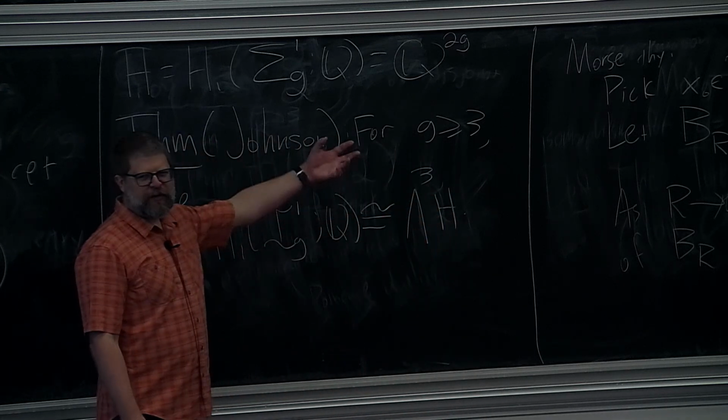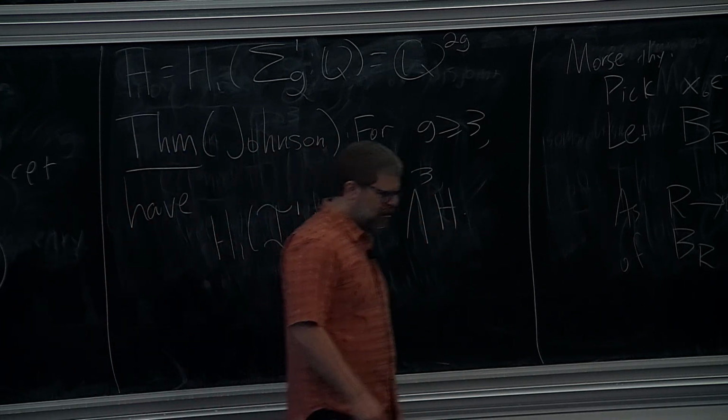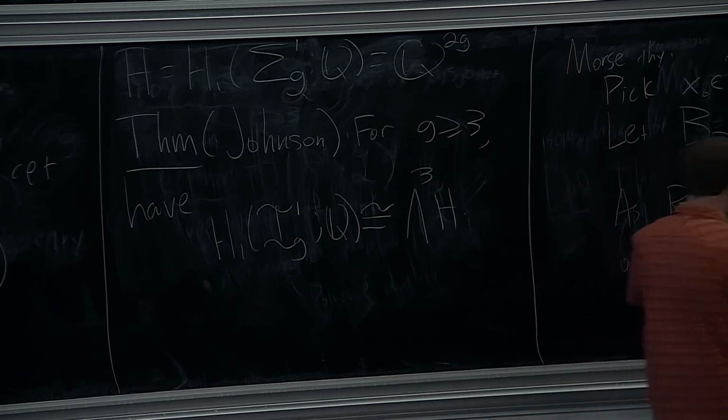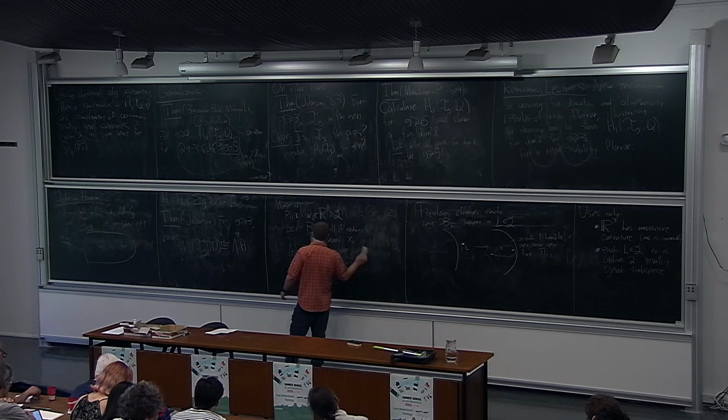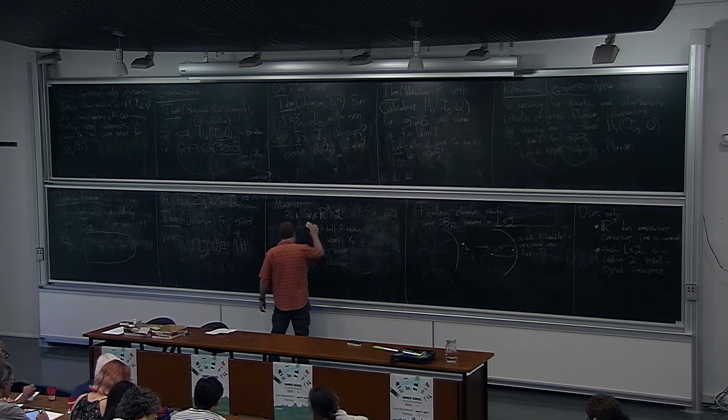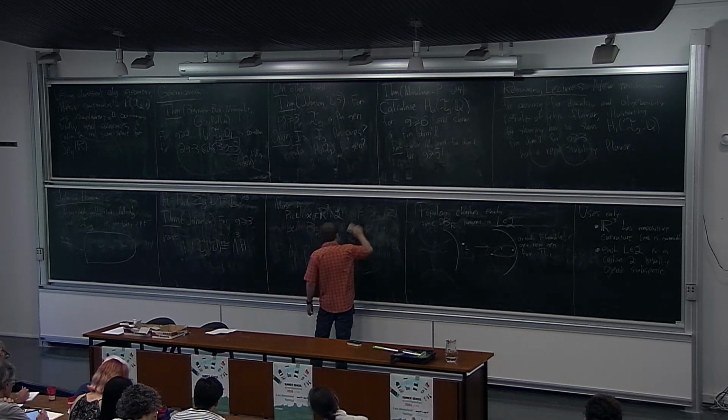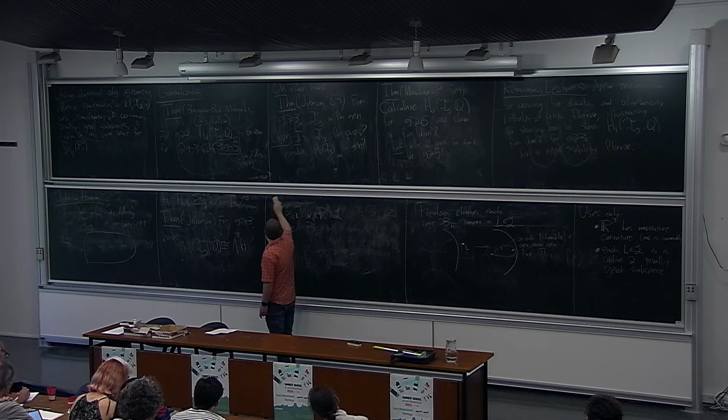There's more structure here than you might think, so let me explain. Here's a remark, by the way. I never told you what H1 of the mapping class group was, did I? H1 of the mapping class group is trivial for g at least 3.